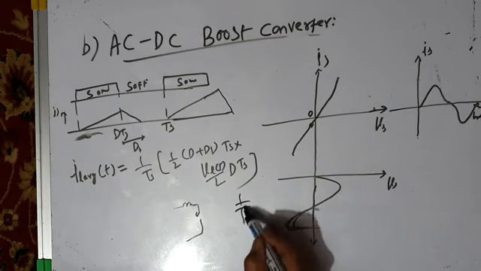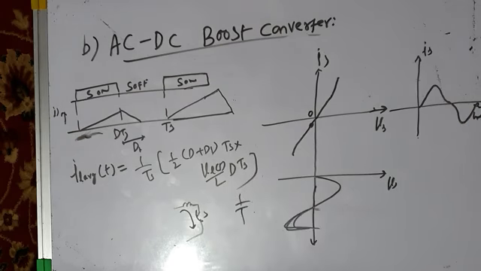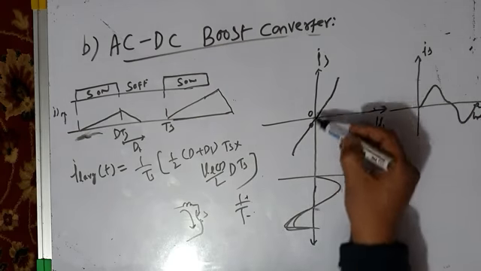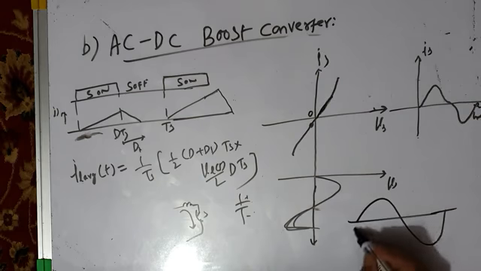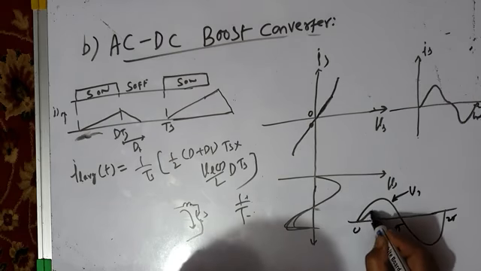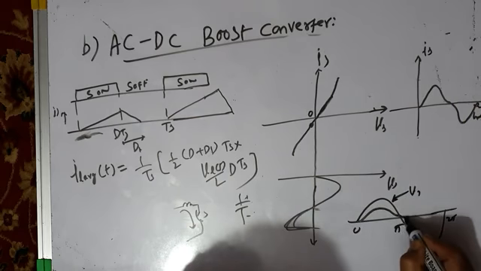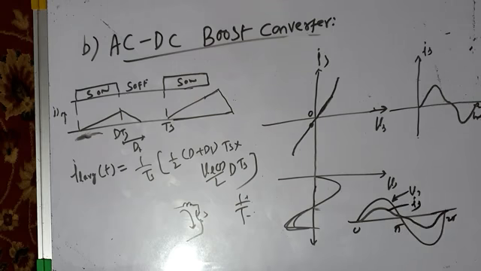Even if your output voltage is higher than input voltage, when you are closing the switch, current has to flow through this path, not through the load. So your output voltage will not matter. That's why current starts rising right from zero crossing. Therefore, if this is your source voltage, taking one cycle 0 to 2π, the source current will start from zero itself and will look something like this. Whereas in the buck converter, if this was the source voltage, the source current was like this, with no source current near zero crossing, but here it is not so.